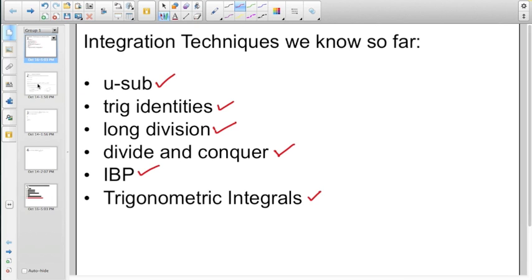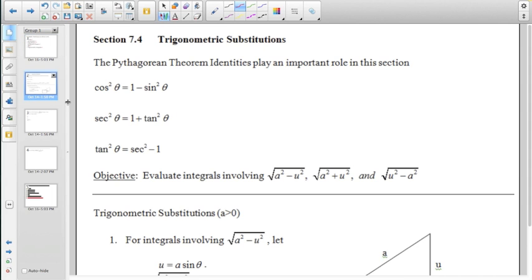And when we look at this new technique, it's still going to be along the lines of trigonometry, but this is where we're going to use right triangle trig and do substitutions so that we can take expressions that have Pythagorean-like patterns in them and make them easier to integrate.